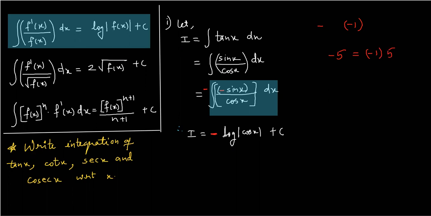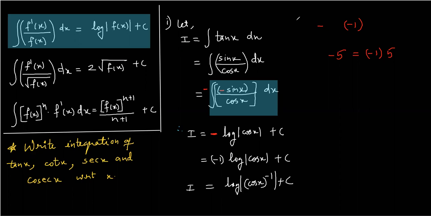So this I will write as -1 log of mod of cos x plus c. Now you know m log n is log of n raised to m. By using the laws of logarithm, this will become a power. So I will have log of mod of cos x raised to -1 plus c.